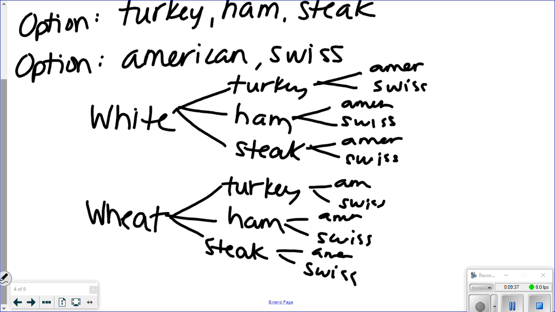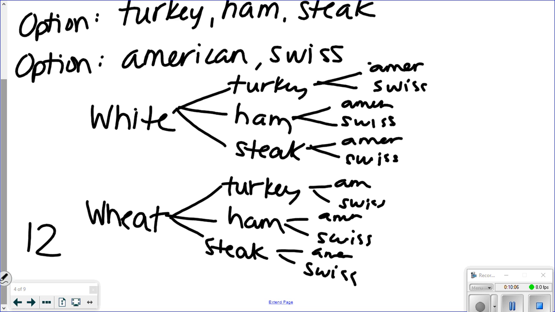Guys, listen closely, because you're going to have to know this. It's going to ask you how many possibilities. So here's a possibility: white turkey American, white turkey Swiss, white ham American, white ham Swiss, white steak American, white steak Swiss. That's 6 possibilities right there, 1, 2, 3, 4, 5, 6. So 12, because you have 6 possibilities for your 2. The easiest thing to do is count the ends of your trees. That'll tell you how many possibilities.